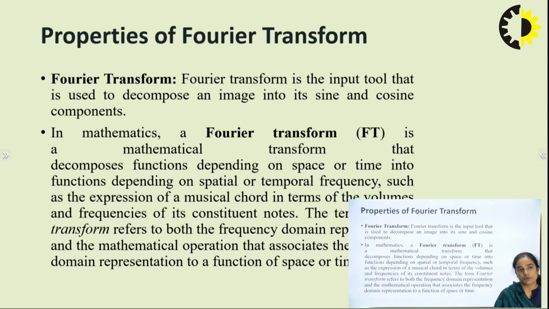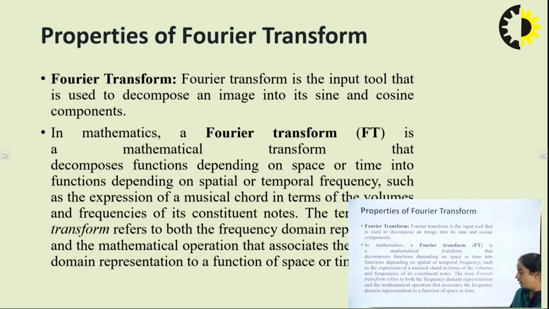Such as the expansion of a musical chord in terms of volumes and frequency as its constituent notes. Musical signals or musical chords can be written in terms of frequencies and their constituent notes by using the Fourier transform. The term Fourier transform refers to both the frequency domain representation and the mathematical operation that associates the frequency domain representation to a function of space or time.